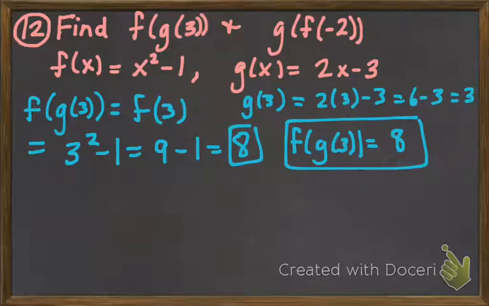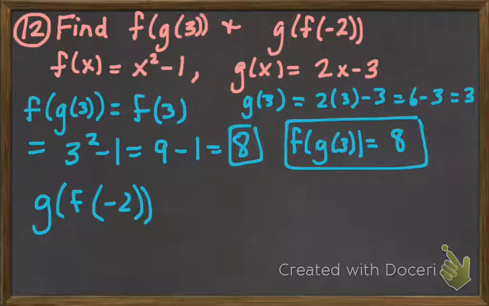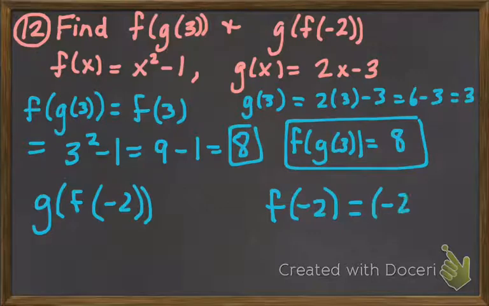Now, on to the next one. So for this one, we are to find g of f of negative 2. So again, we can step over to the side and figure out that f of negative 2 is negative 2 squared minus 1, which would be 4 minus 1, which would be 3.